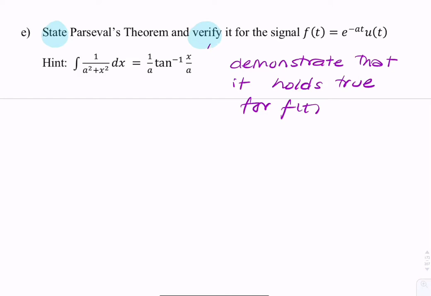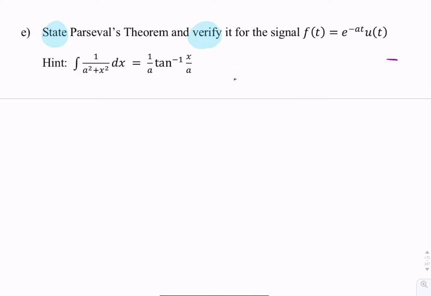Okay, so let's first state Parseval's theorem. Remember, it says the energy of a signal is independent of the domain in which it is calculated. So you need to state that and then state it mathematically.